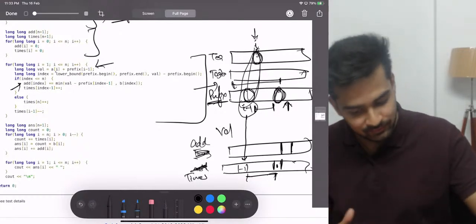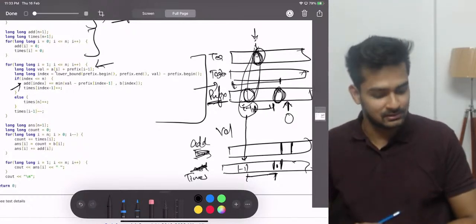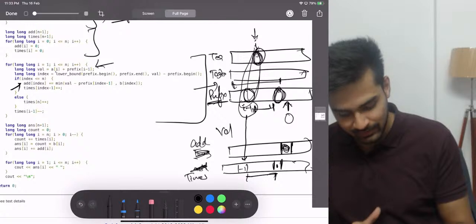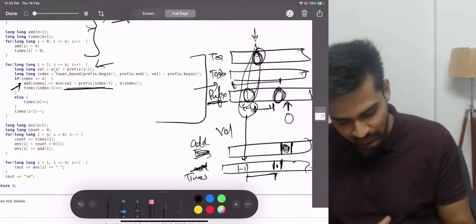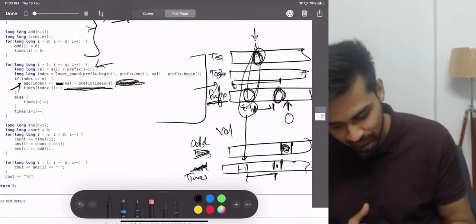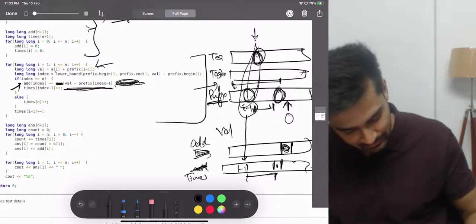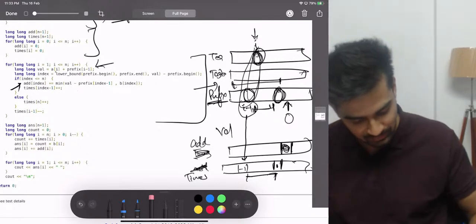The difference of this value minus this value is something I will have for this particular index. That I will store here, that is add of index i: minimum of value minus prefix of i minus 1. I didn't really have to write minimum, I could actually write this part only. But since it is less than or equal to m for the last index, it might be wrong. So you need the minimum.